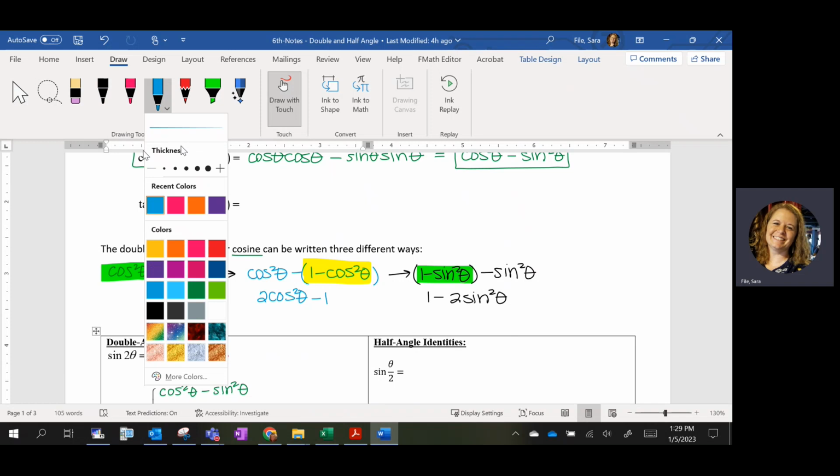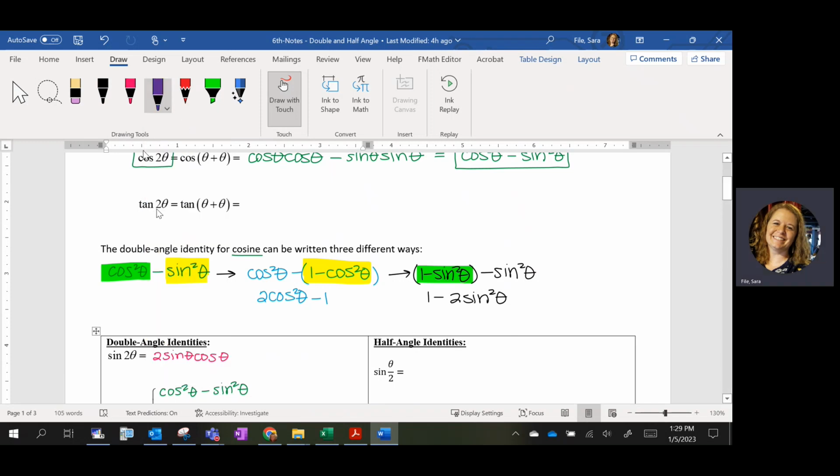So for tangent, the double angle for tangent, we do the tangent expansion. This is the one that expands to the fraction. And the numerator is the sum of tangent of the first angle and tangent of the second angle.